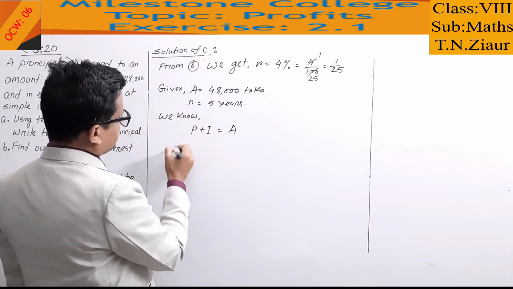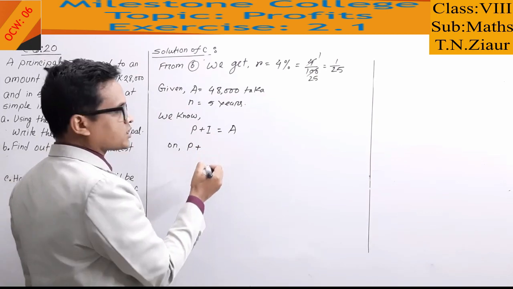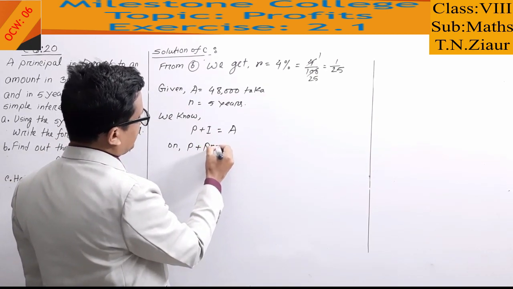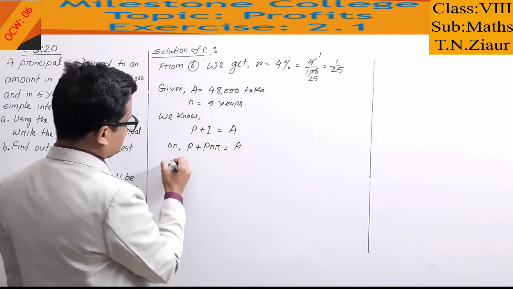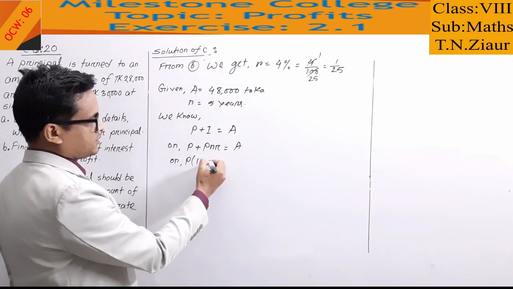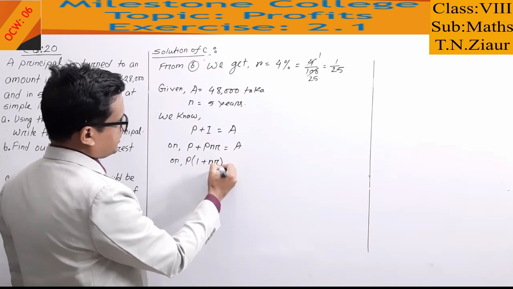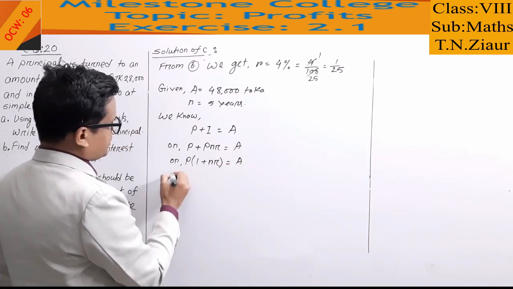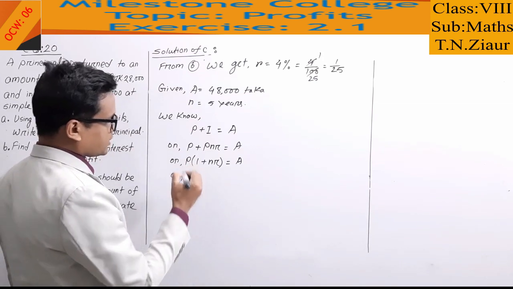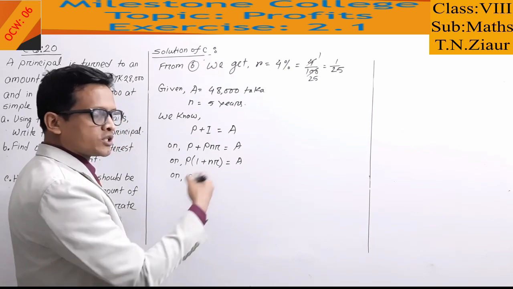Okay, so now P plus I is equal to what? I is equal to PNR, right? So P plus PNR is equal to A. If I take P common, it will be P into 1 plus NR is equal to A. We are finding the value of P, so we take P on this side, and this 1 plus NR we take to the right side.